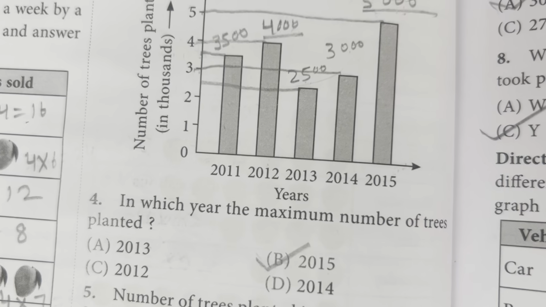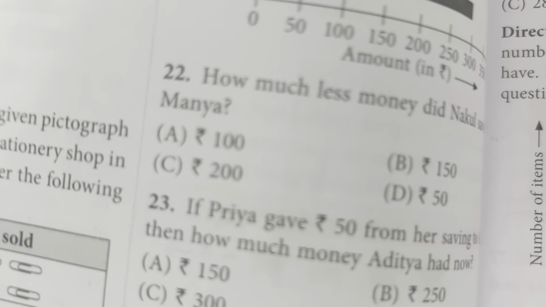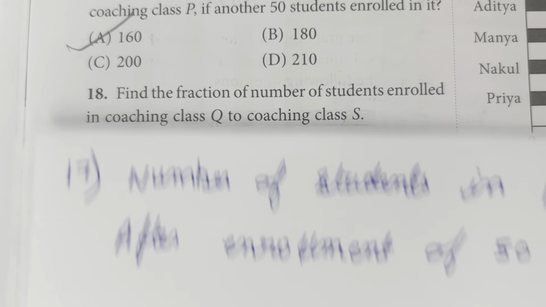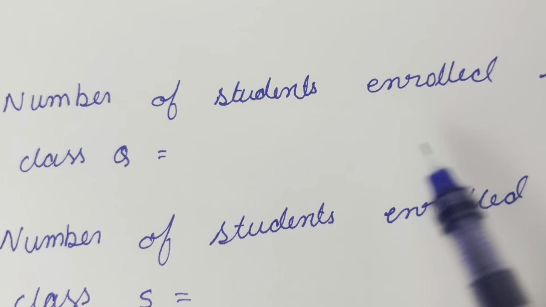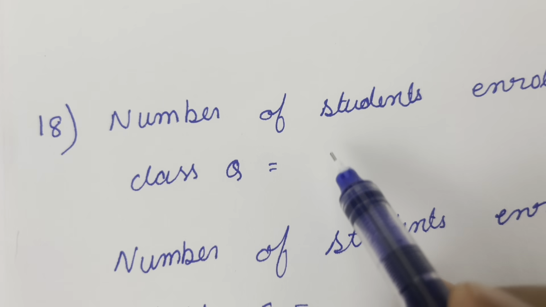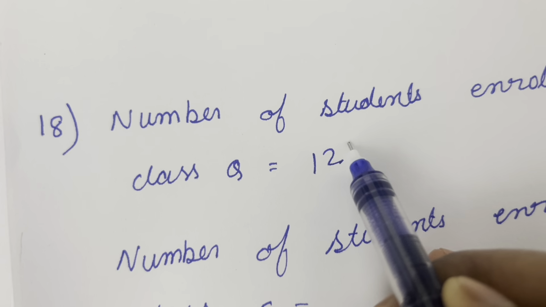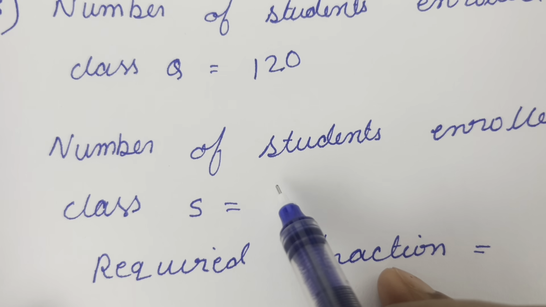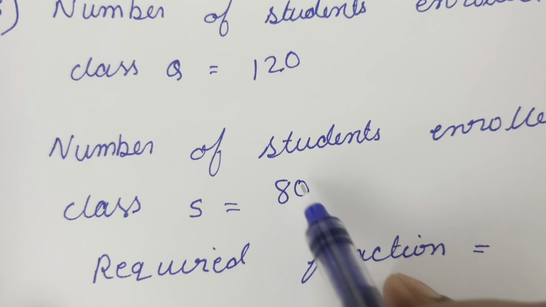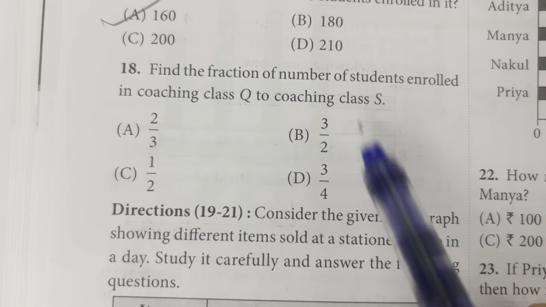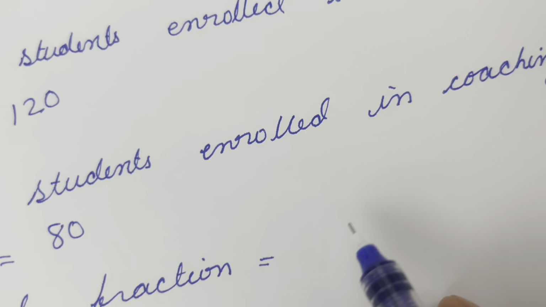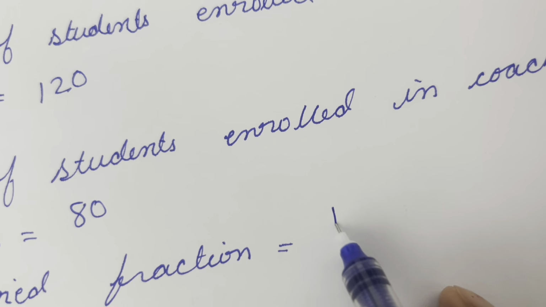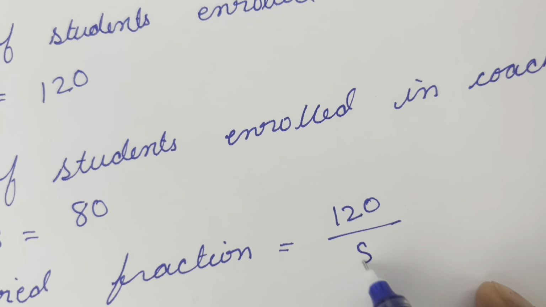So the number of students enrolled in coaching class Q is equal to 120, and the number of students enrolled in coaching class S is equal to 80. So the required fraction is equal to what? We have to find Q and S. Required fraction Q divided by S, that is equal to 120 by 80.